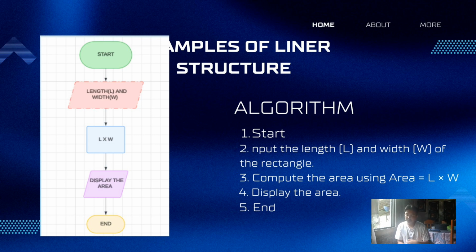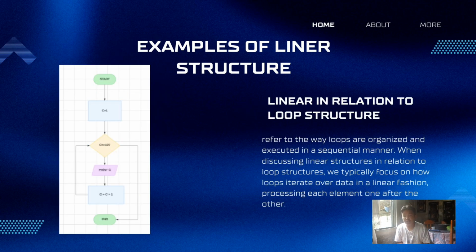Also here are the examples, no? The linear in relation to loop structure. Refer to the way loops are organized and executed in a sequential manner. When discussing linear structures in relation to loop structures, we typically focus on how loops iterate over data in a linear fashion, processing each element one after the other.